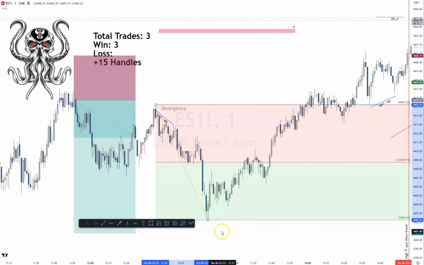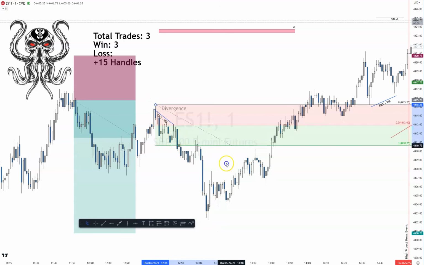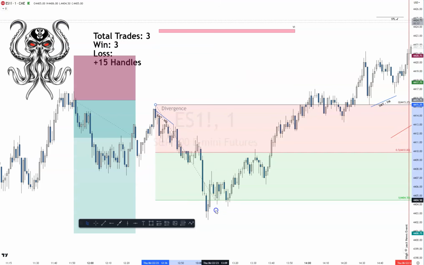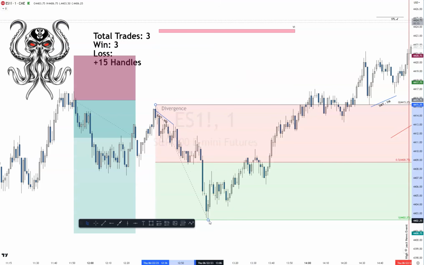You're fine. But if you want to have the red or pink on top, and green on the bottom, whatever colors, you got to pull a certain way. So you either got to pull from the top down all the time or from the bottom up. Me, I don't really care. Usually I just pull it however I want. And I know the top half is premium, the bottom half is discount.